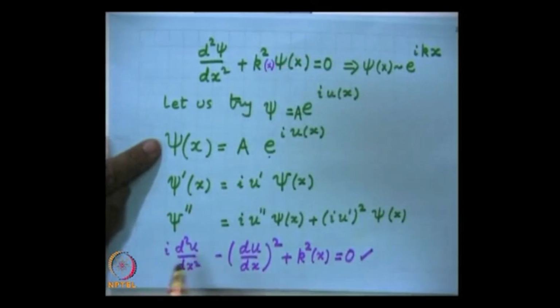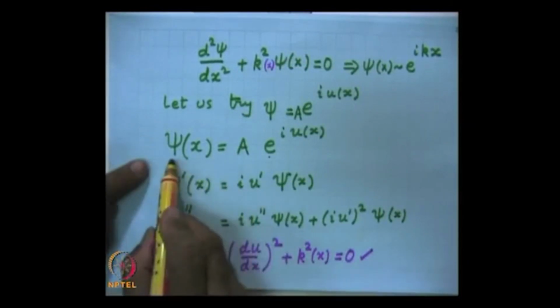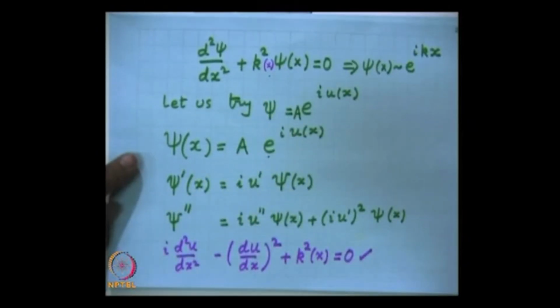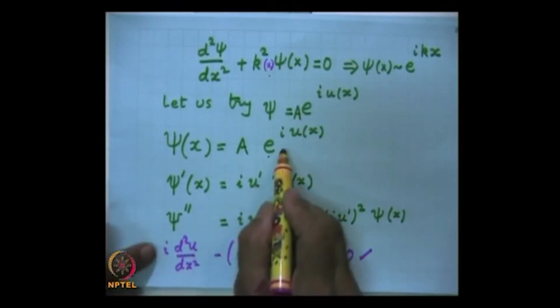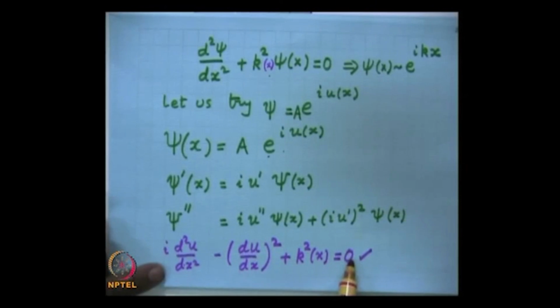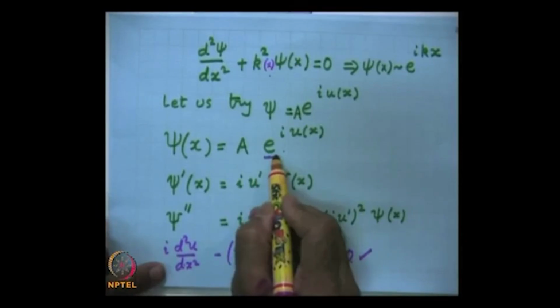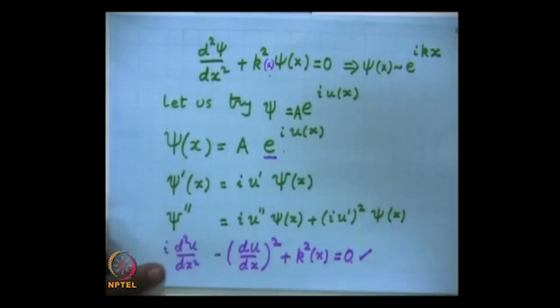Once again, if I assume a solution of this type, then I obtain that u of x satisfies an equation of this form. If I am able to solve this equation, then this will be a rigorously correct solution, because I have not yet made any approximation.